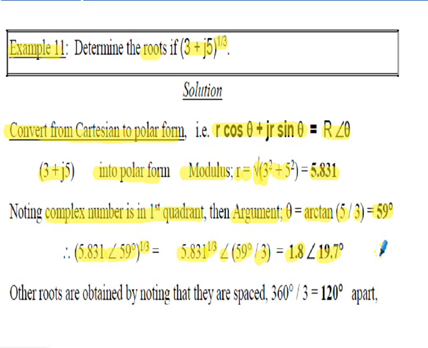So our first root is 1.8 argument 19.7 degrees. The other roots are obtained by noting that they are spaced 360 degrees divided by 3, which equals 120 degrees apart. These are cube roots and are spaced equally 120 degrees apart.